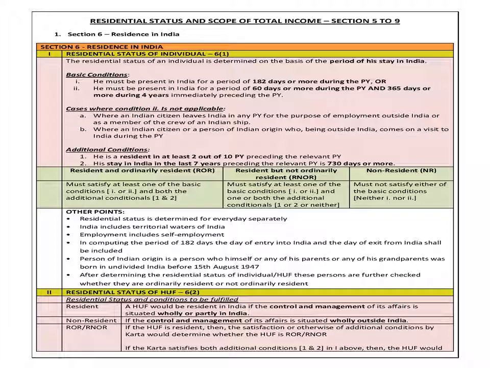If the karta satisfies both additional conditions, 1 and 2, then the Hindu undivided family will be called a resident and ordinarily resident. Only if both additional conditions are satisfied will it be called an ROR.